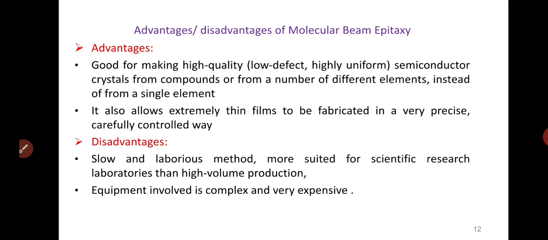The advantages of this method are that it is good for making high quality semiconductor crystals from compounds or from a number of different elements instead of from a single element. It also allows extremely thin films to be fabricated in a very precise and carefully controlled way.